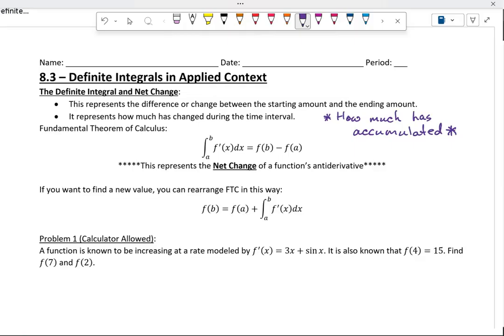It's the same thing. In straight line motion, we're specifically looking at a new position. In this one, it could be any new value that is going to be happening later on. To do this, they will have to give us an initial value, some initial starting point. Once they have done that, we can find any new value if we know our antiderivative, or if we know the derivative, the f prime.